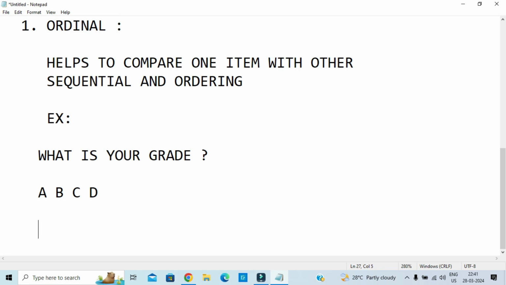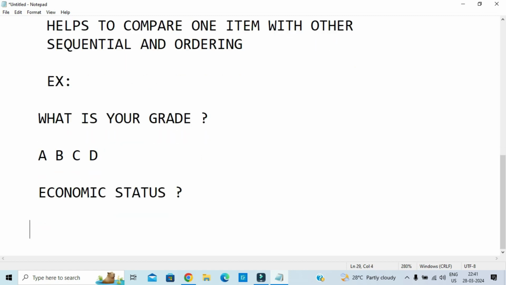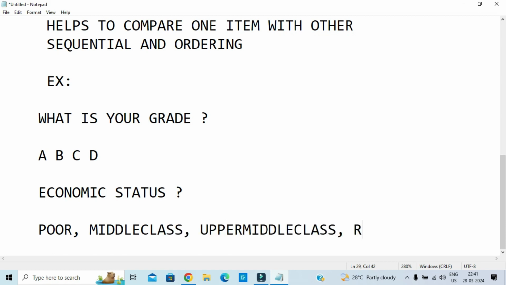Let's see one more example so that you will be completely clear about this topic. If someone asks you what's your economic status, we will reply using the words poor, middle class, upper middle class, or rich.